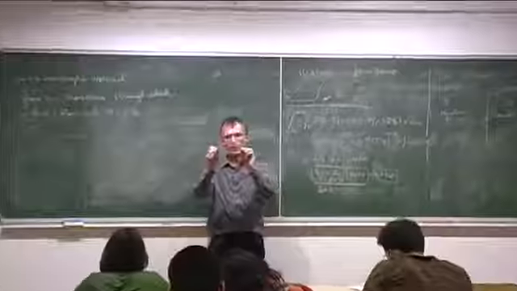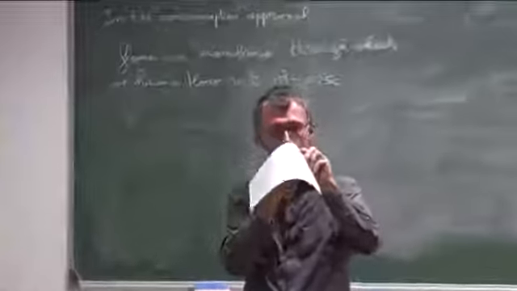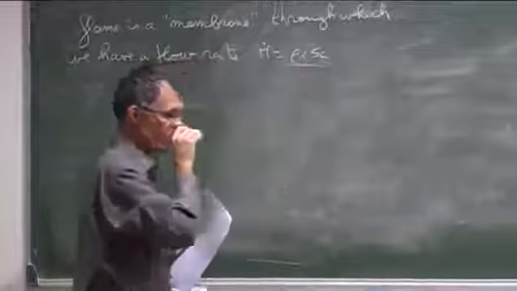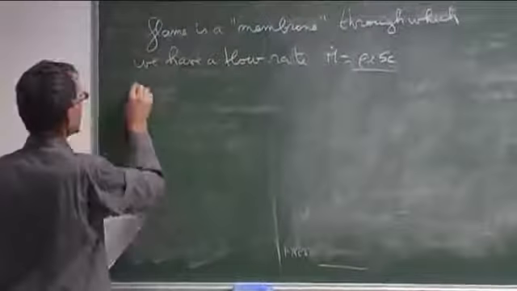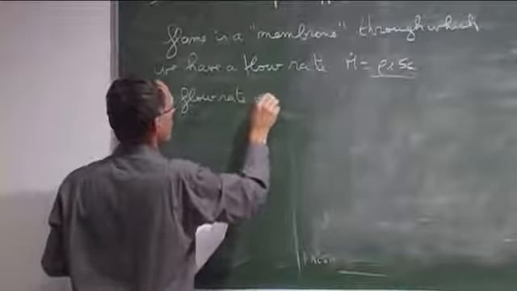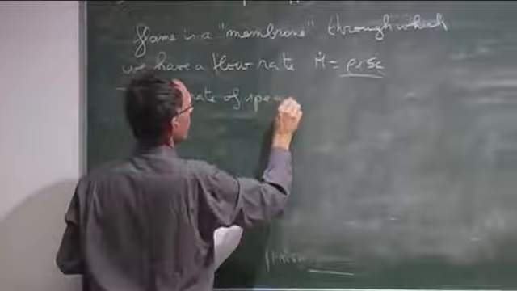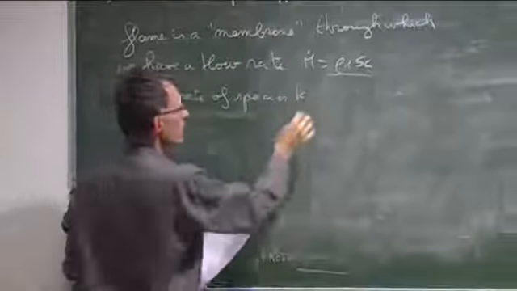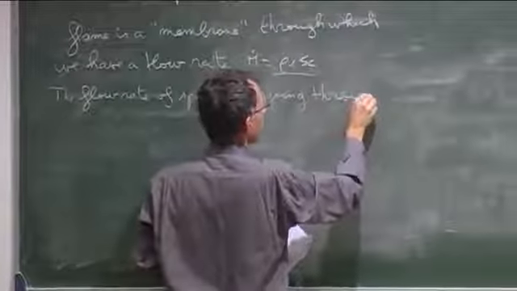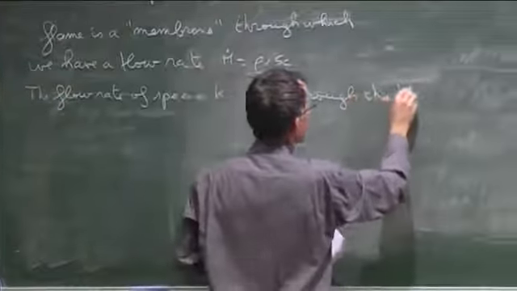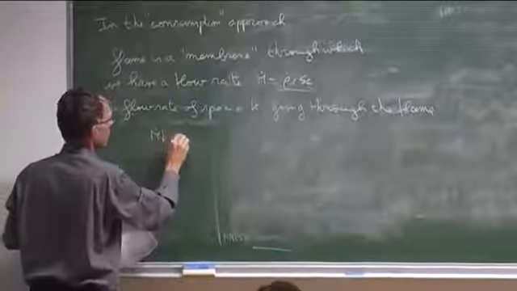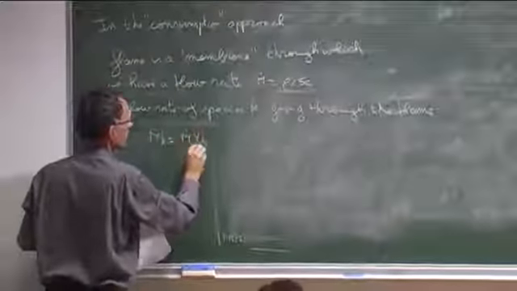So you can imagine if you have a flame here, it means that the flow rate going through the flame is ρ1 SC, where SC is the consumption speed. That means also that the flow rate of species k going through the flame is m dot k equal to m dot multiplied by Yk.